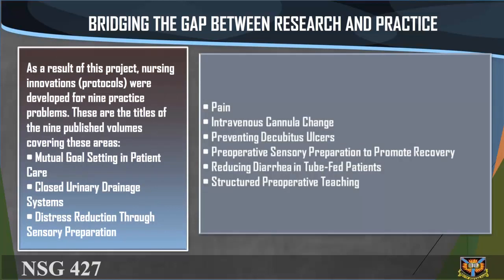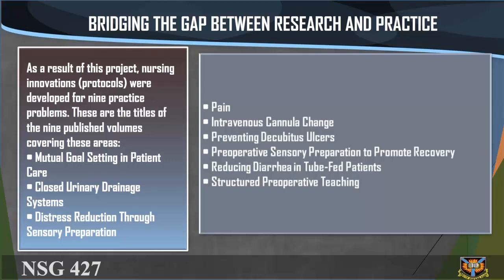As a result of this project, nursing innovations, that is protocols, were developed for 9 practice problems. These are the titles of the 9 published volumes covering these areas. 1. Mutual goal setting in patient care. 2. Closed urinary drainage system. 3.